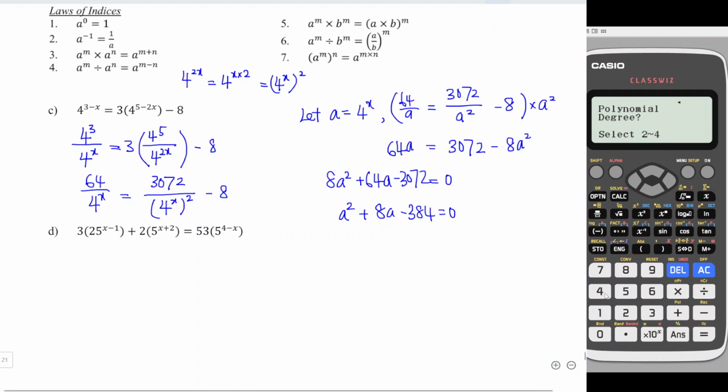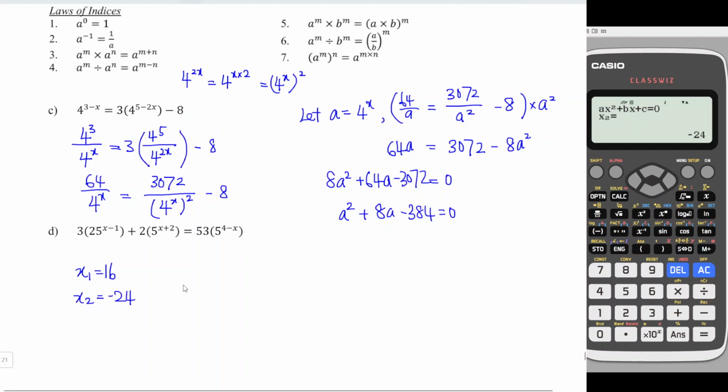So we can make use of the calculator function, look for the equation and the polynomial. We have degree 2. So a is 8, b is 64, and c is negative 3072. So we obtain x1, we can label it at the side, so x1 is equal to 16. And what is x2? x2 is equal to negative 24.